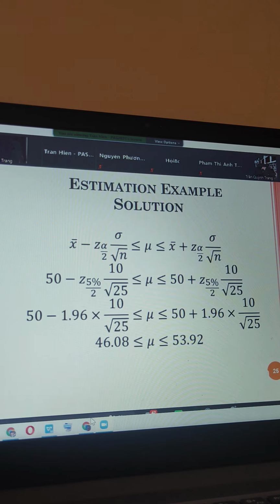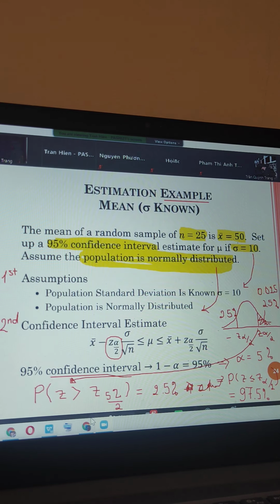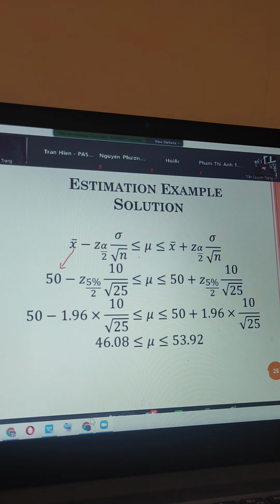Okay, so these are the steps. I show the answer. X bar equals 50. Alpha equals 5%, so z is z alpha over 2. Standard deviation equals 10 and the sample size equals 25. After I find the value of z, I can replace all the values and find the interval.